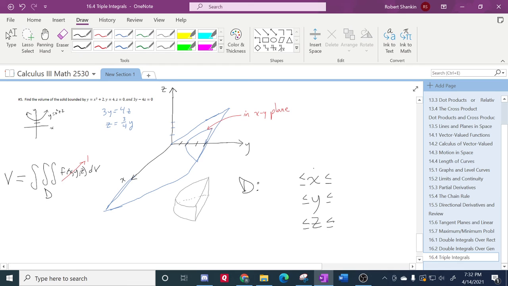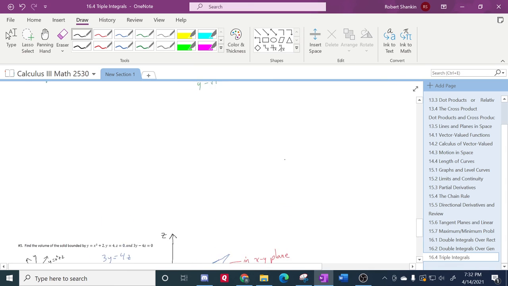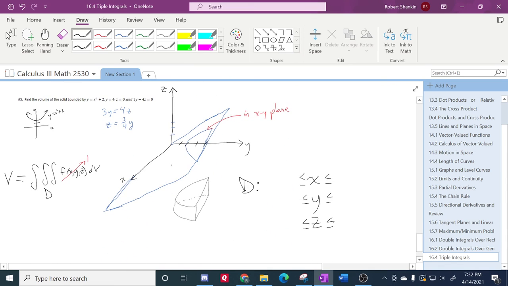So I'm going to choose my x's to be the constants. When I have a choice, if I can't see a good solid reason for anything else, that's what I'll do. Now, once in a while, let me just tell you, it'll depend upon the function itself, this f(x,y,z). In this case, the f(x,y,z) is just going to be 1.